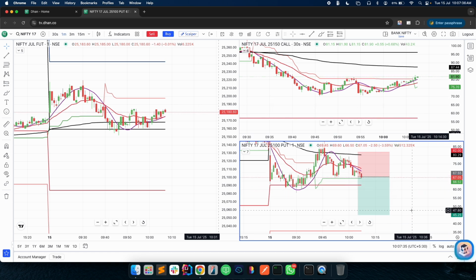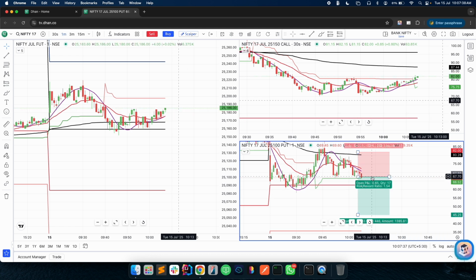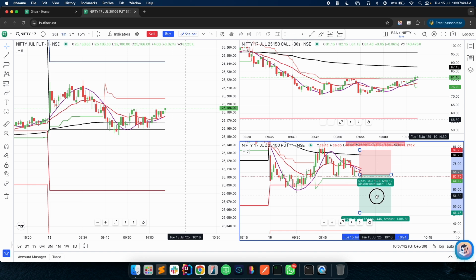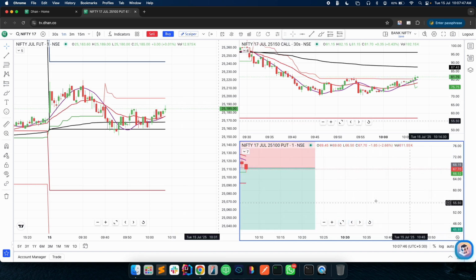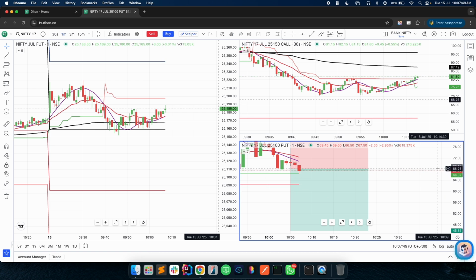So my entry is somewhere around 67, yeah, 67.85, right? So you see here, this is the area which we entered. So this area, 67.75.